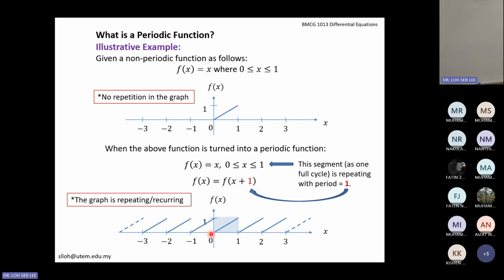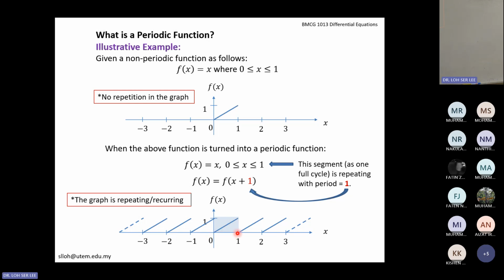If we want to create a periodic function from this, once you have sketched this graph, we copy and then paste it on the left and on the right, in the interval of this 1 unit.